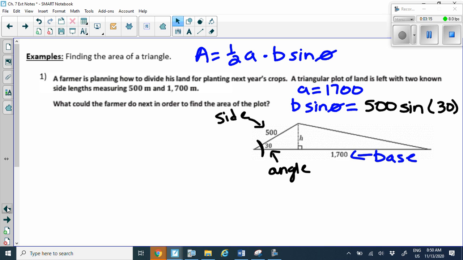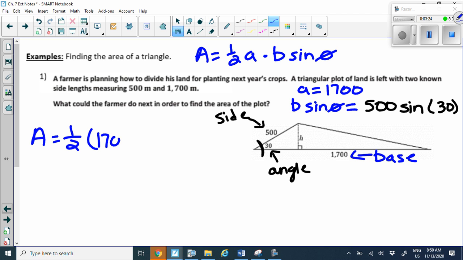Now, we're going to put this all together to do our area. So we have area equals 1/2. Our base is going to be 1,700, so I'm going to put that in parentheses. I'm going to put the 500 in parentheses, so that's the other side. And remember, when we talk about base, that's the bottom of the triangle. So if you need to write that down, make sure.